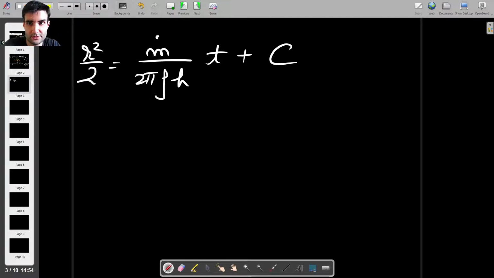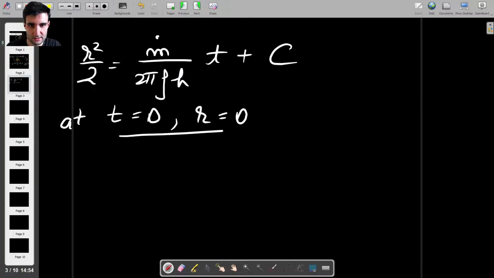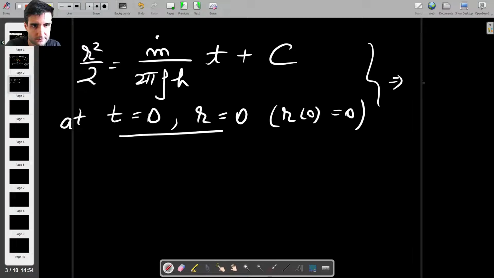Now we have to find what this constant is. At the initial time, when we start our stopwatch, the liquid hasn't advanced into that cylindrical space underneath the disk. So we have r of 0 equals 0, and it's easy to realize that c is equal to 0.